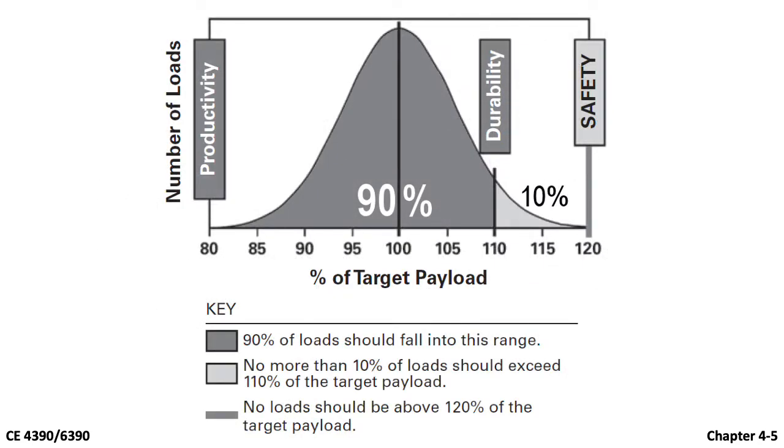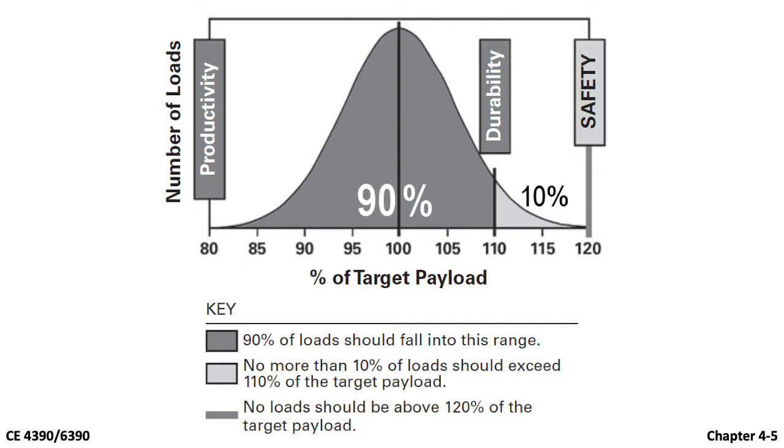So this figure is the recommended distribution of all the loads within a certain 30-day period. The load should be ranging from 80% to 120% of the rated capacity, and it must be above 80% so that you can maintain the desired productivity, and it cannot be above 120% of the target payload due to the safety concern.